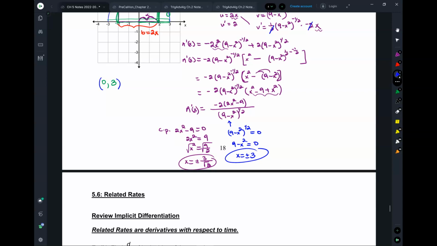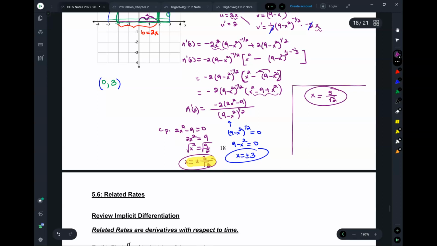So the only critical points that we can use are this one. Can x equal negative though? No. So the only x then is 3 over root 2.